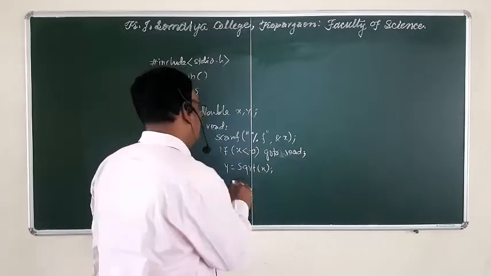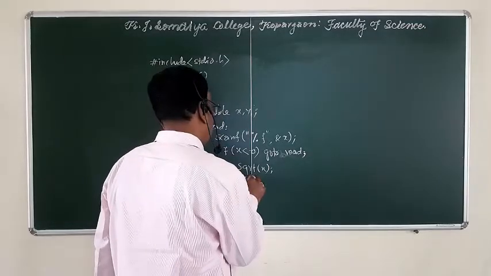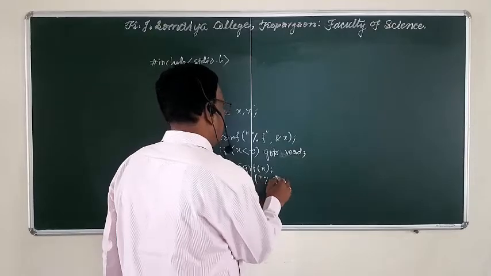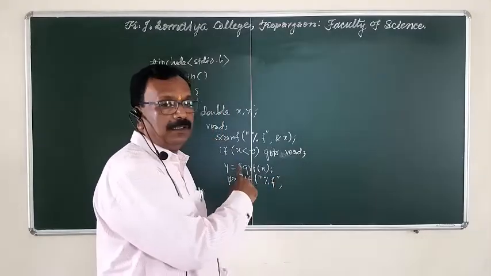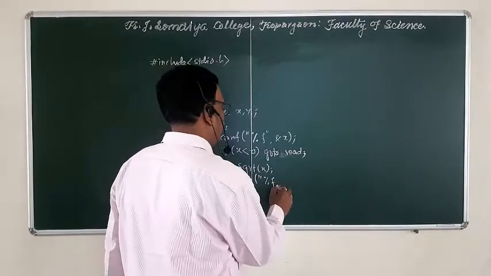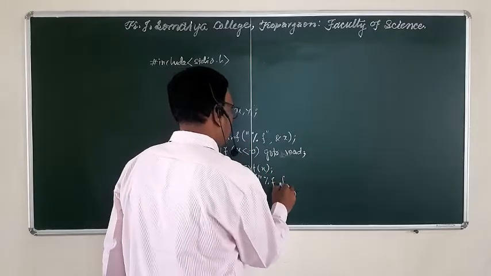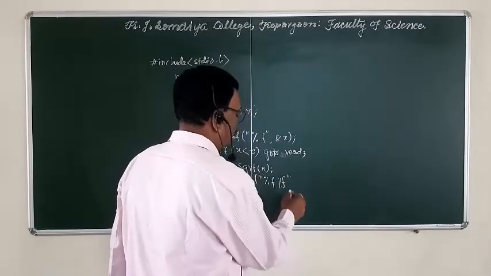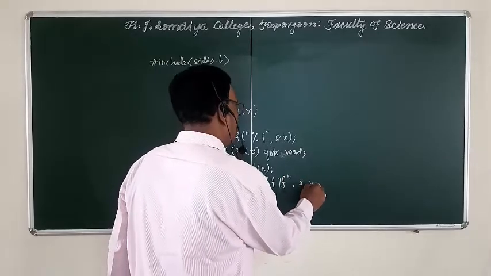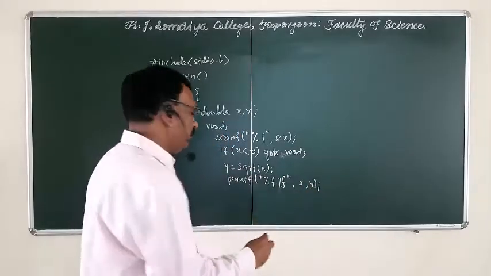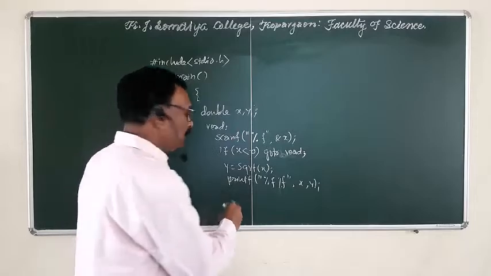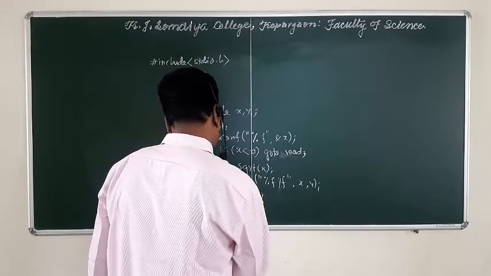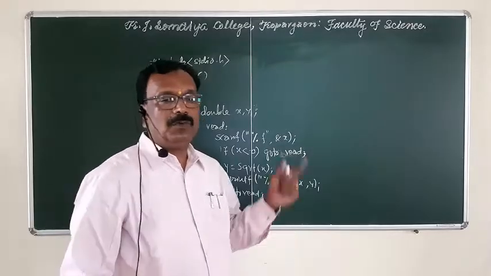And last, print the value, that is printf percentage f, with two values x and y, percentage x and percentage y. For that, here x comma y, and then again goto read. In this way, we can use the goto statement.